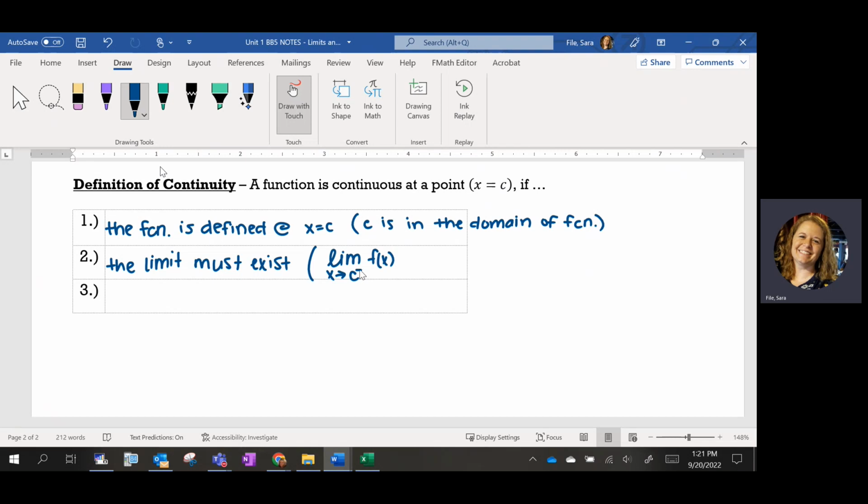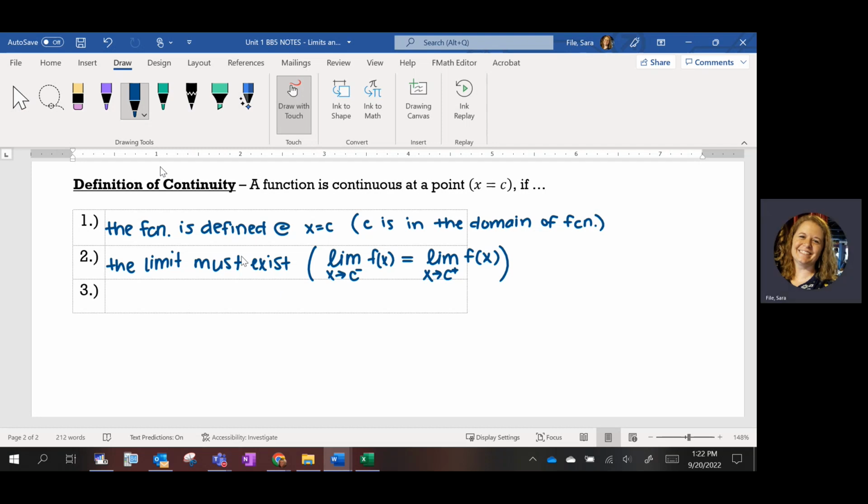Remember, from the left is that little minus sign that was in the exploration from last week. It has to be equal to the limit of f of x as x approaches c from the right. So the left-sided limit and the right-sided limit have to be equal to each other for the limit to exist. Does that make sense?